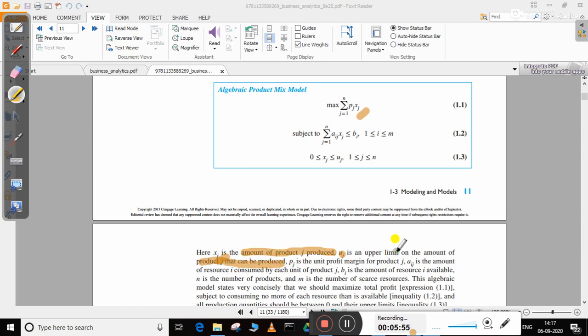Here for xj the upper limit is Uj. pj is the unit profit margin for product j, meaning for each product there will be that amount of profit.